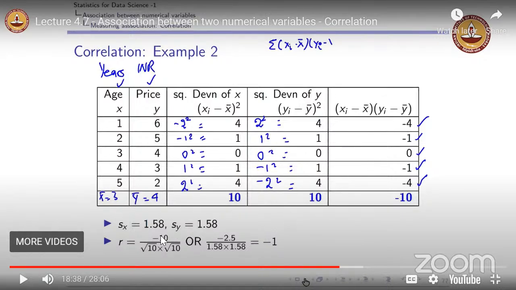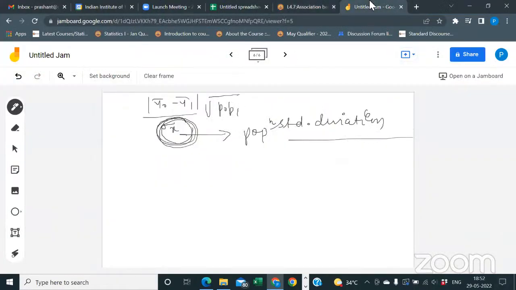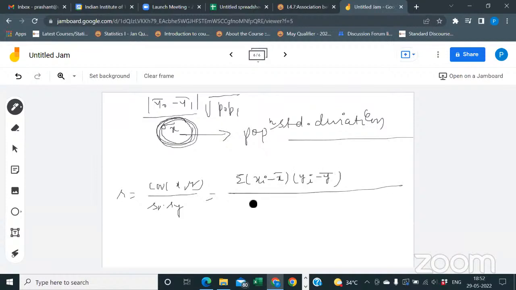There are two formulas for correlation. One formula is covariance of x comma y divided by small sx into small sy. If you solve this one, you will get summation of xi minus x bar into yi minus y bar, divided by square root of summation of xi minus x bar squared into summation of yi minus y bar squared.